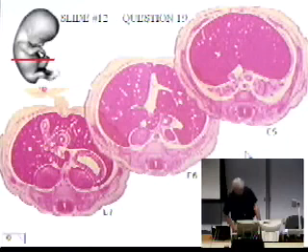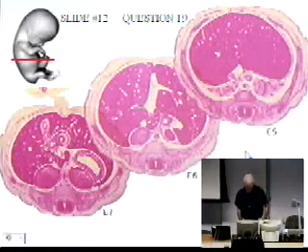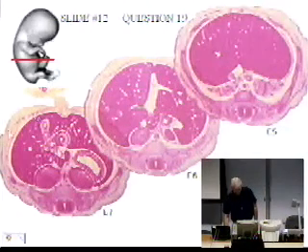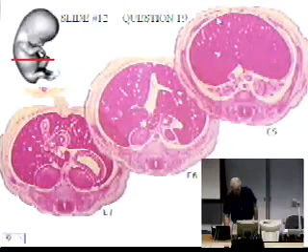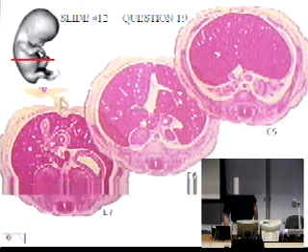Slide number 12 is for question 19. In this slide, we see the cross-section we just looked at, another level, and another level. And we identify the neural tube, so this is dorsal and this is ventral, where we see a little bit of the umbilical cord here.